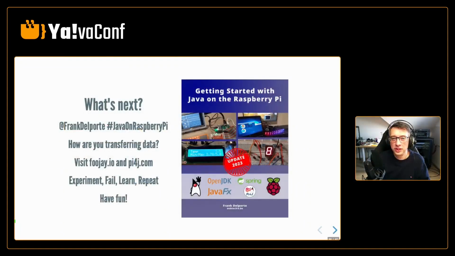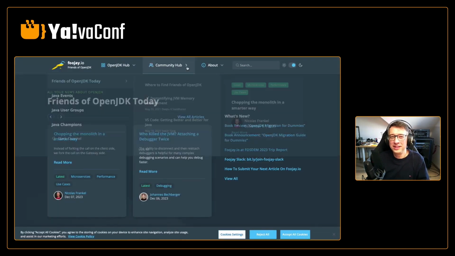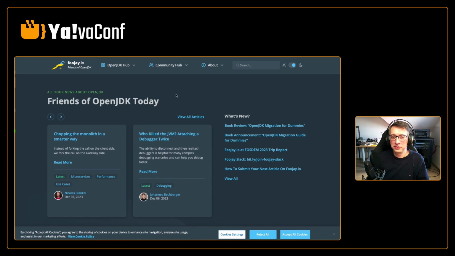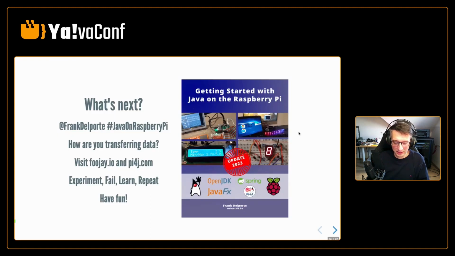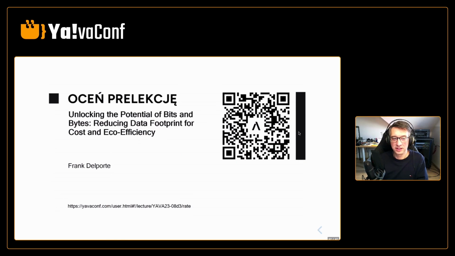Let me show you fujay.io. Someone's trying to play music behind me. Also, definitely take a look at fujay.io, the website for friends of OpenJDK, where you also find a lot of information if you look for a Raspberry Pi. Okay, that's the thing I wanted to tell you. Please rate my session, and let's see if there are any questions and if I'm still on time.